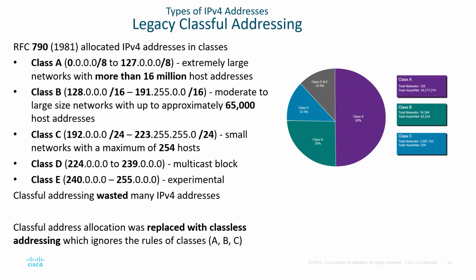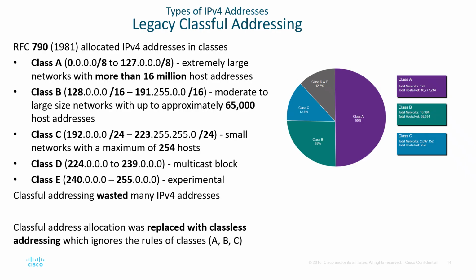No, I'm lying. It is 192 to 223 with a prefix of 24. My apologies. It is for small networks with a maximum of 254 hosts. So what I always refer to as mom and pops, family home-owned businesses that perhaps run out of their home or out of their garage or out of a very small location.